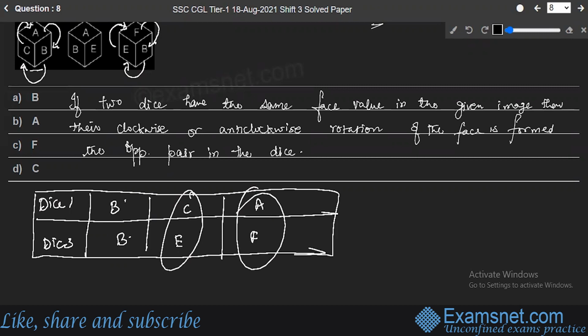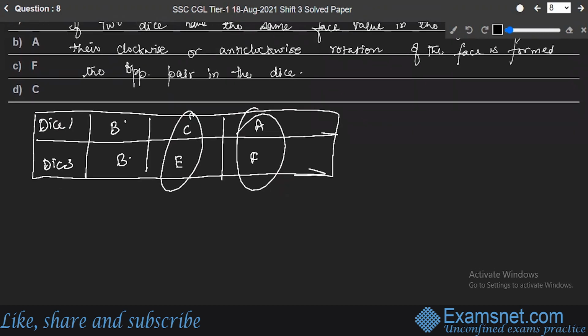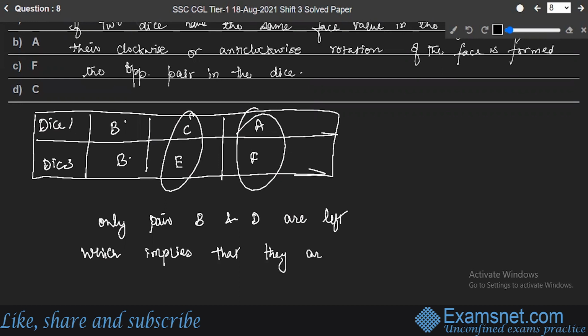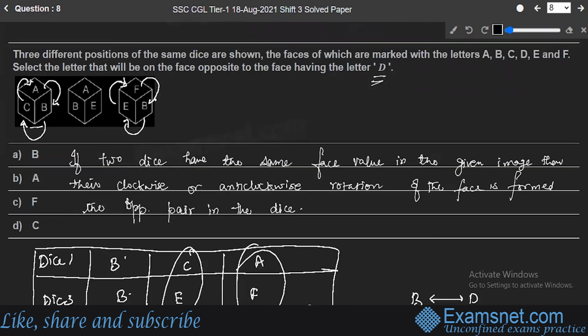Here is B and B. The only pair left are B and D, which implies that they are opposite. So that means B and D are the opposite faces in the given dice. So let's check with the options, which is the correct one. Option A is the correct answer to our question. Hope you're clear with this. Then let's move to the next question.